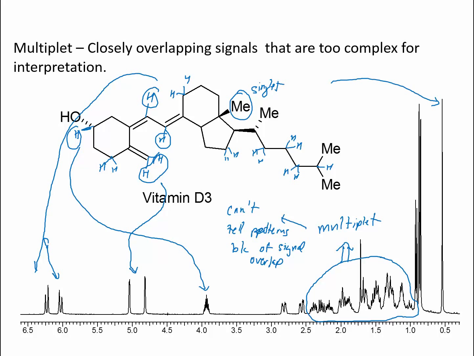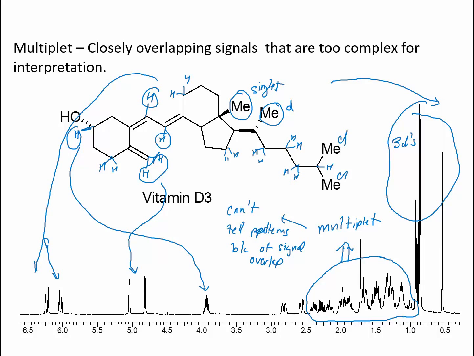And we can see that one of the methyl groups is definitely a singlet, whereas each of these is a doublet. And we have kind of 3 peaks that are overlapping here. These are 3 doublets. So we can't completely assign the spectrum here because of signal overlap.